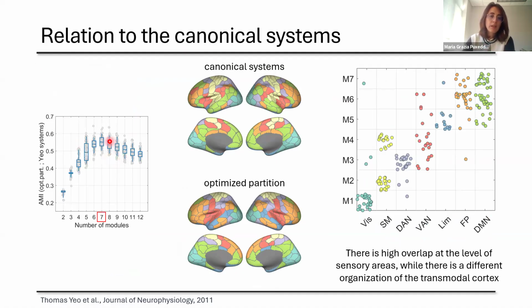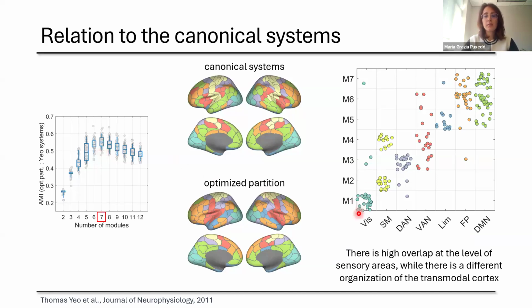We observed a peak in this similarity for partitions with 7 modules, which is something that we expect because this is the number of the Yeo systems. But then we also wanted to see locally how they overlap. And what we saw is that there is high overlap at the level of the sensory areas, while there's a redistribution of the nodes belonging to the transmodal cortex.